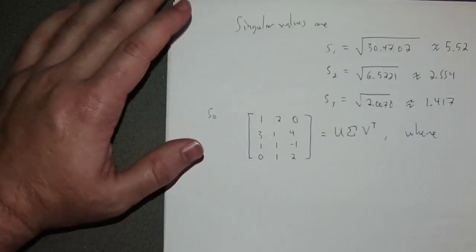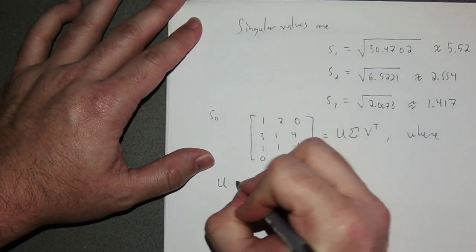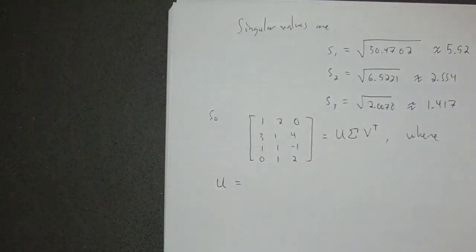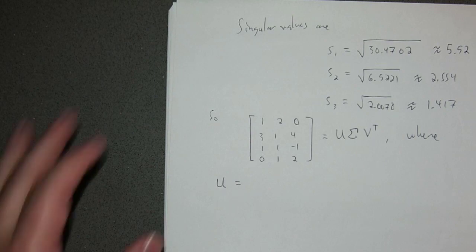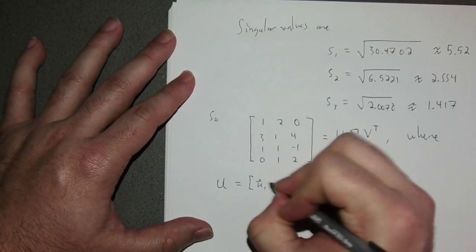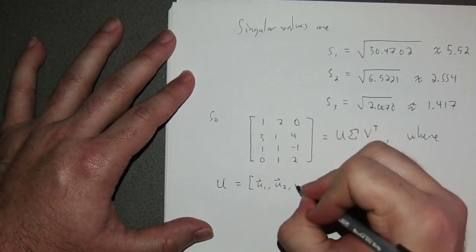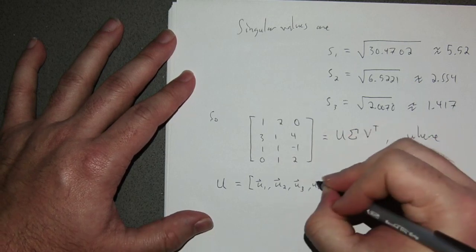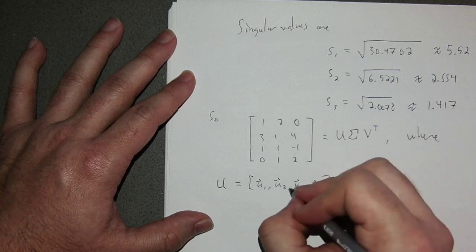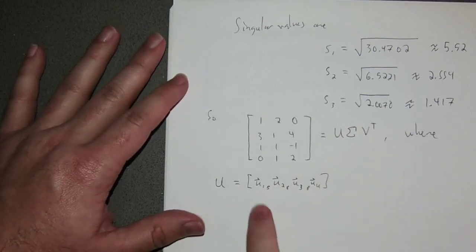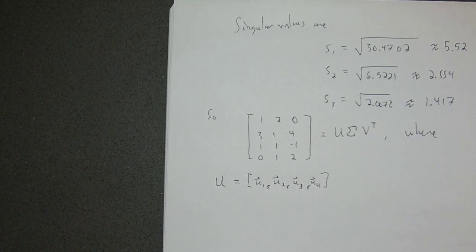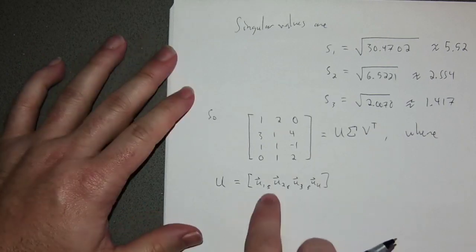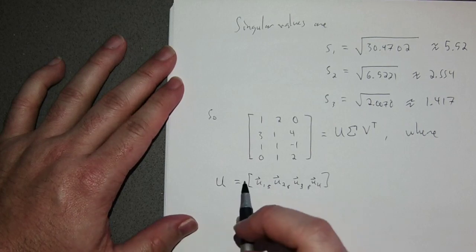So U is equal to those vectors that we listed out before, U1, U2, U3, and U4. This is the matrix that has those as its columns. So it's the matrix with those 4 columns.